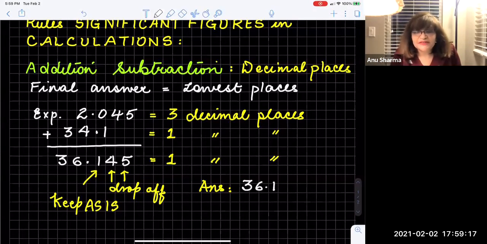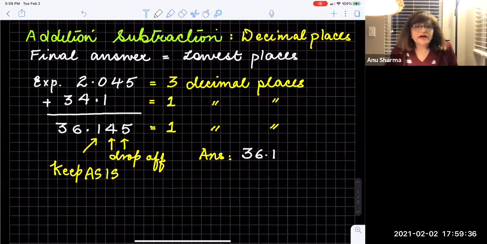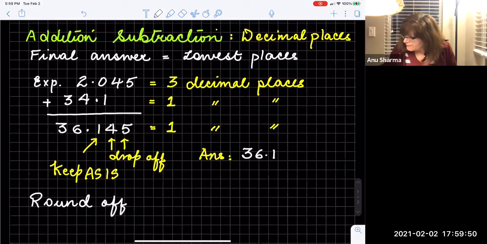You couldn't get the right answer because of this thing. Okay, question for you. If this answer would have been 36.155, the final answer would have been 36.2, correct? Yes, then you would round up.